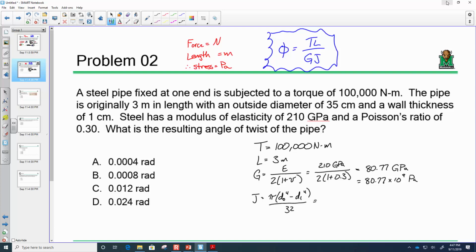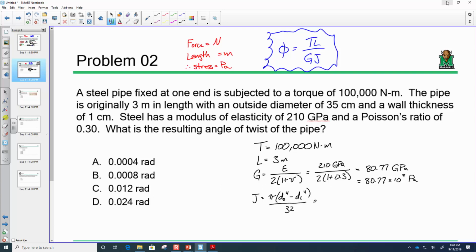What's the outer diameter? What's the inner diameter? The outer diameter is 35 centimeters, and the wall is 1 centimeter thick. So here's the outer diameter, and to get to the inner diameter: outer, one wall, another wall.